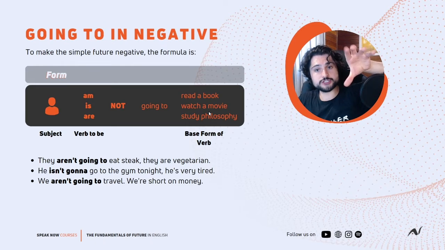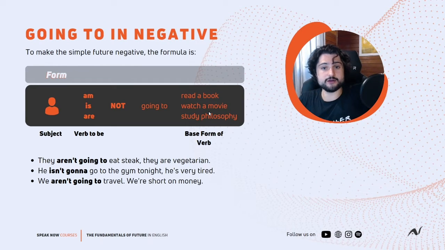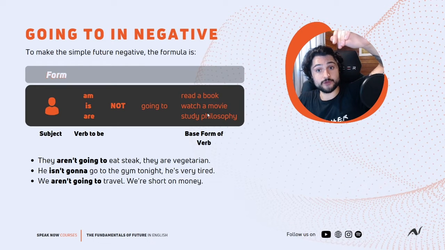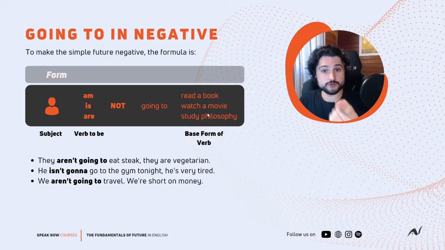Now, your mission is to create with this sentence the same idea, watch a movie, but with the different subjects, okay? So, you, he, she, it, we, and they, all right? So pause this video, write on your notebook this exercise, and once you finish, continue the video because I will tell you the answers and then you can compare with what you wrote.